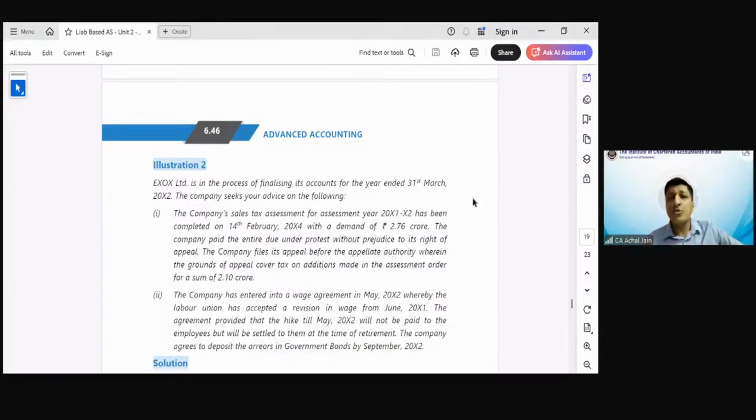Please don't look at the solution. It's very, very important you don't look at the solution. Yes, try to answer this. In this case, what will you do? So there are three things you need to remember. Probable, possible, remote. Accordingly, you need to answer this. Over to you.